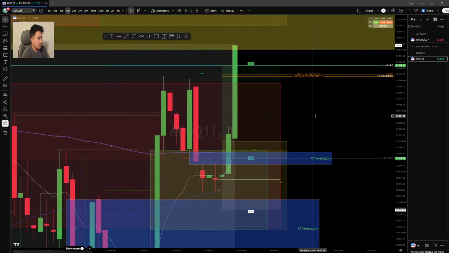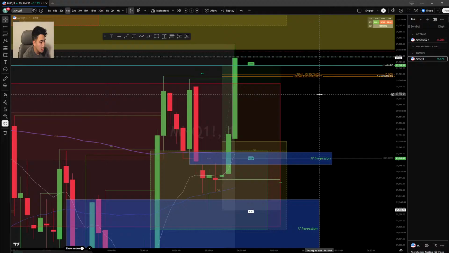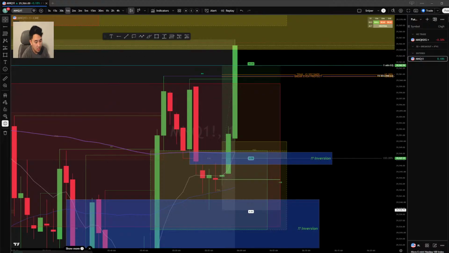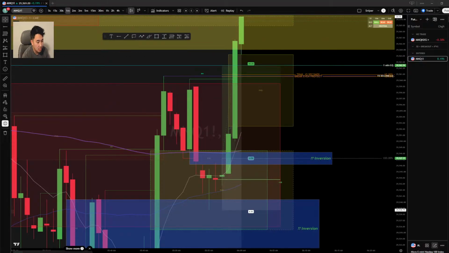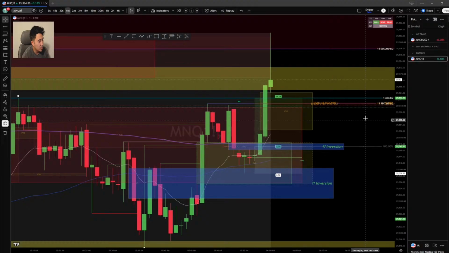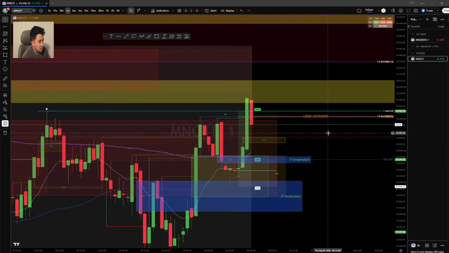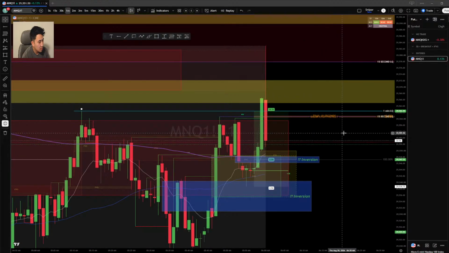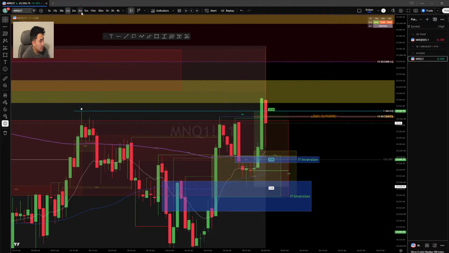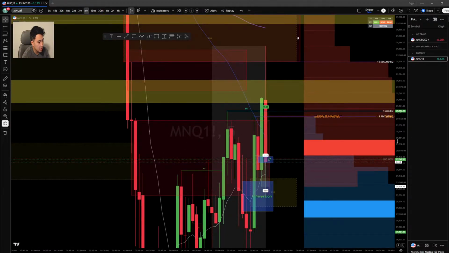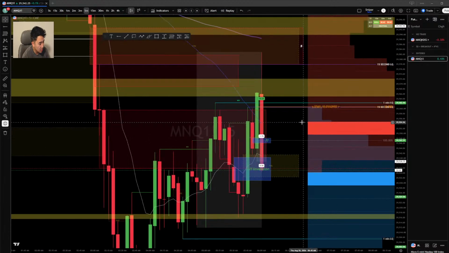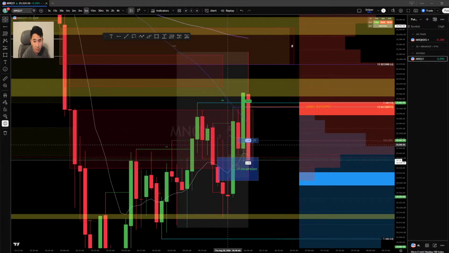Nice. Good trade. Really good trade. Price just took off there. Rejecting off this support and resistance area, or this resistance up here that we drew, and just coming back down.